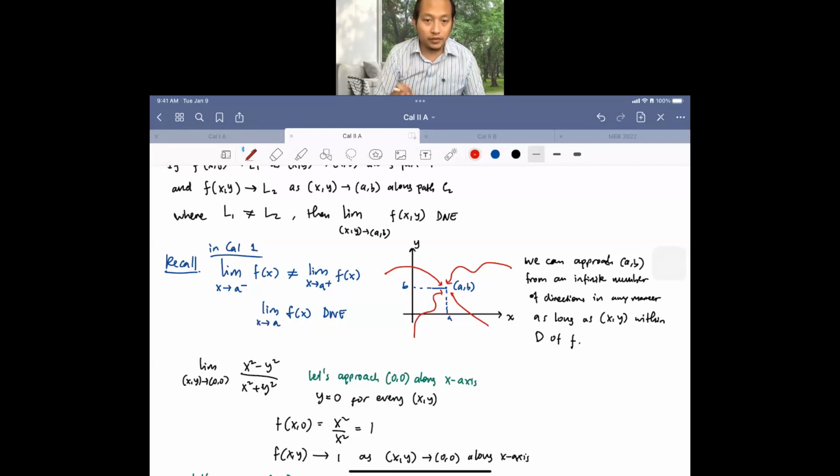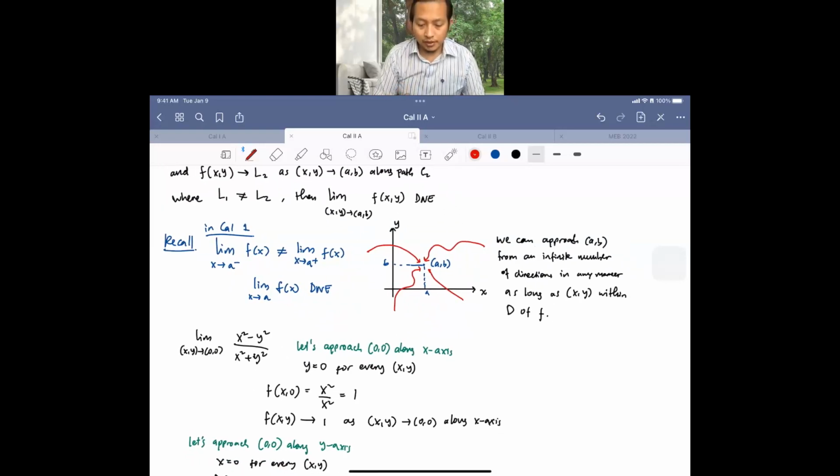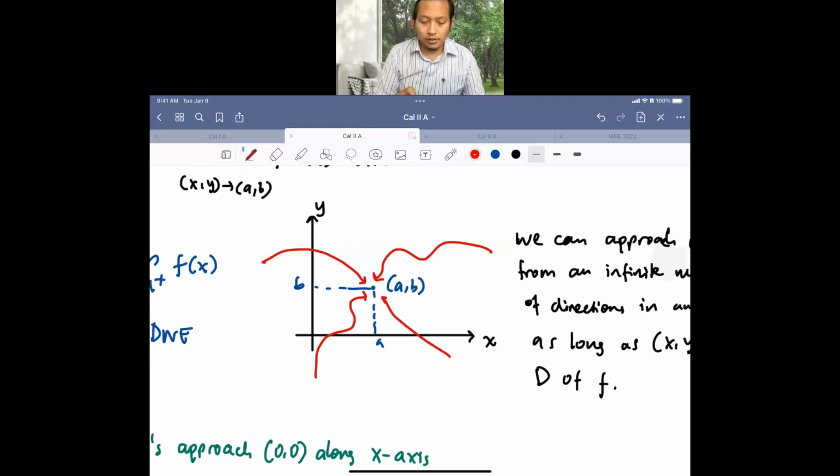So we have several possible paths, and perhaps the best way to approach the point (a, b) is to let a line, maybe x equals a, or another line, y equals b.